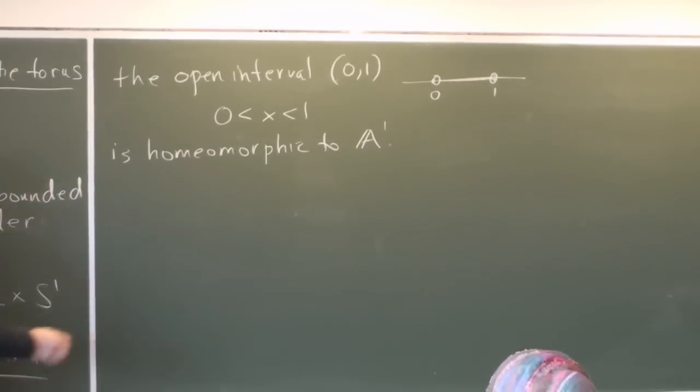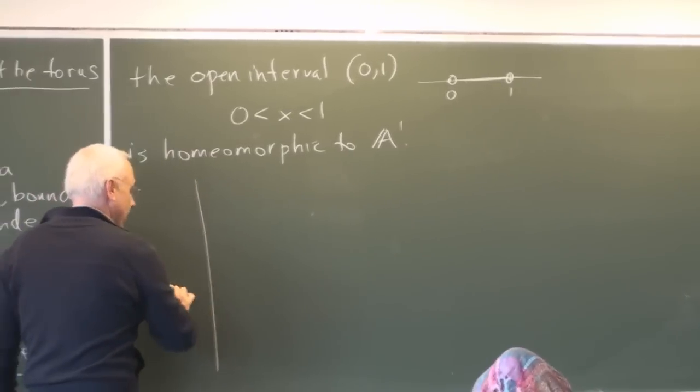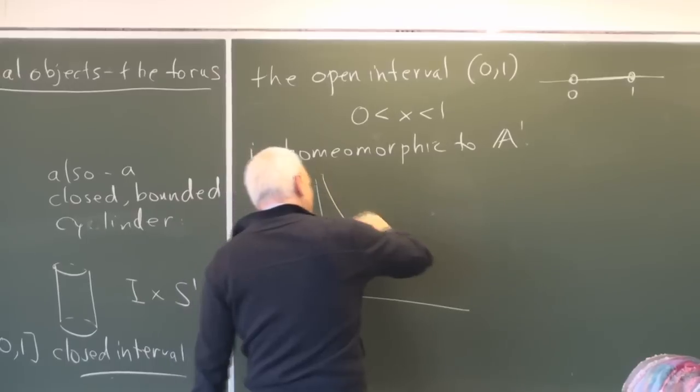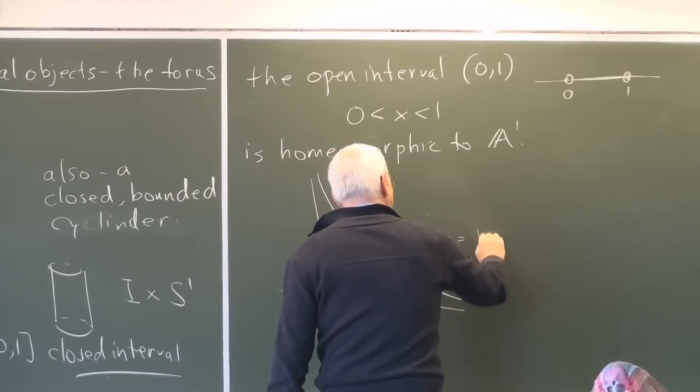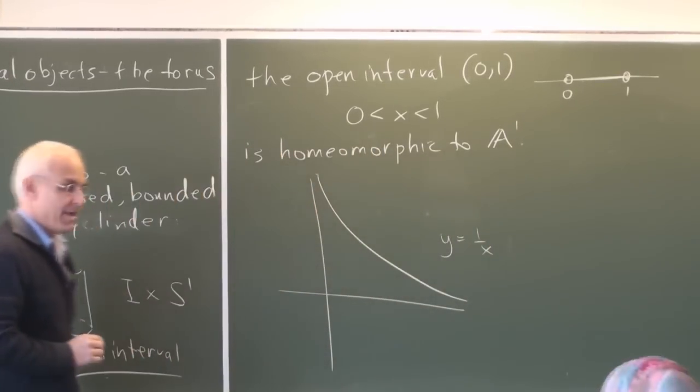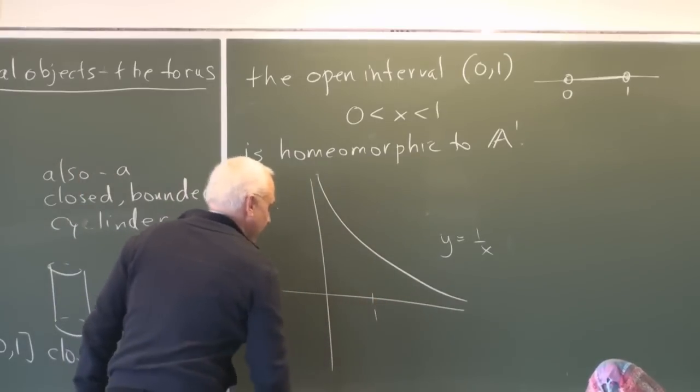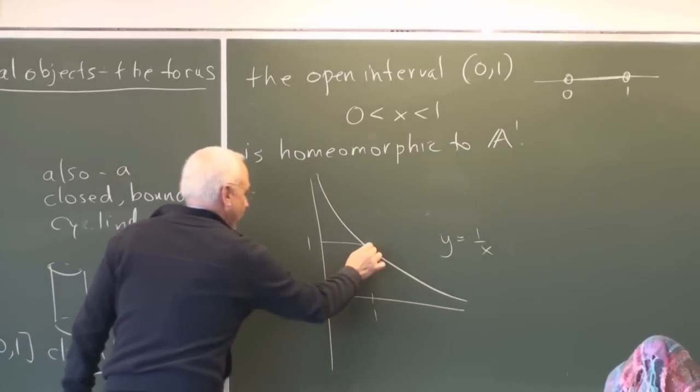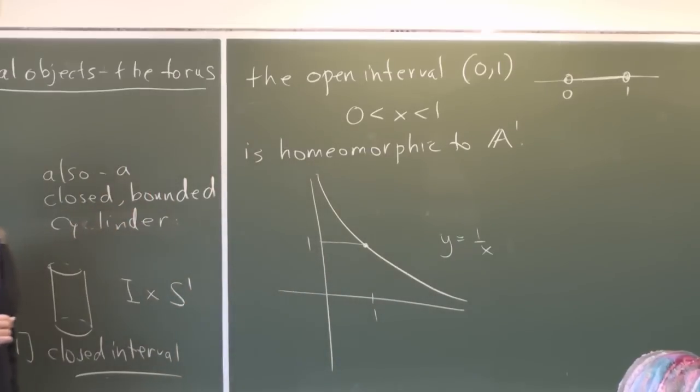And we can see that in a number of ways, but a very nice way of seeing it is to look at the function 1 over x. So there's y equals 1 over x. And when x is 1, y is also 1. So it goes to the point 1, 1.